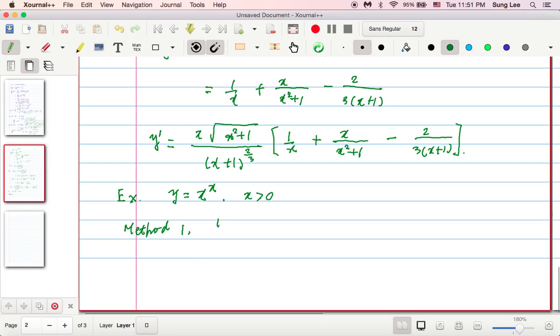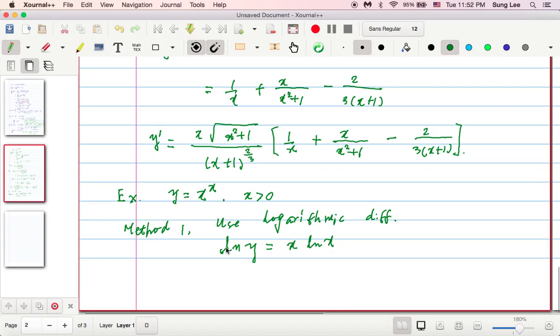We can use logarithmic differentiation. So we do exactly the same thing. Take the natural logarithm. So that's going to be x times ln of x.